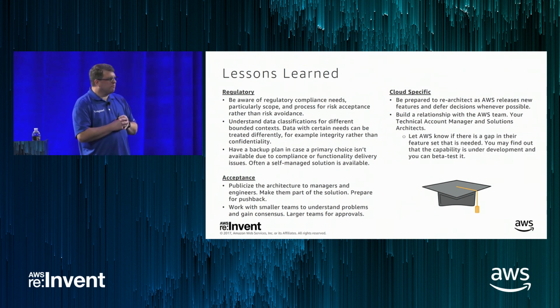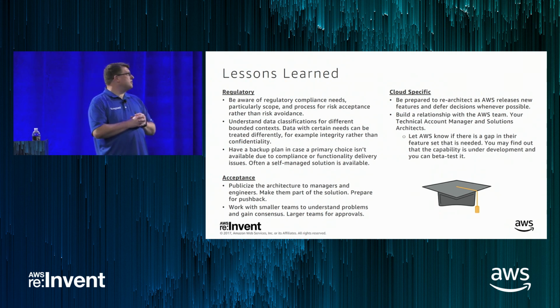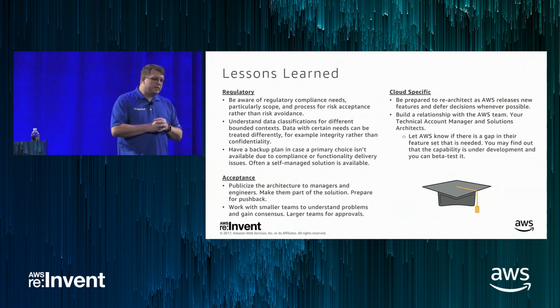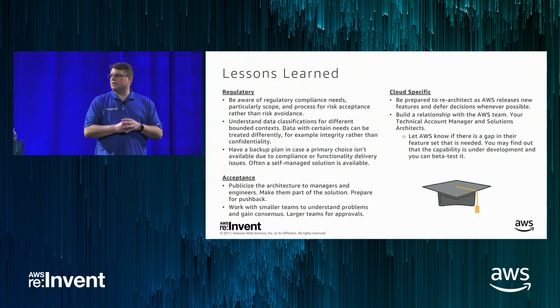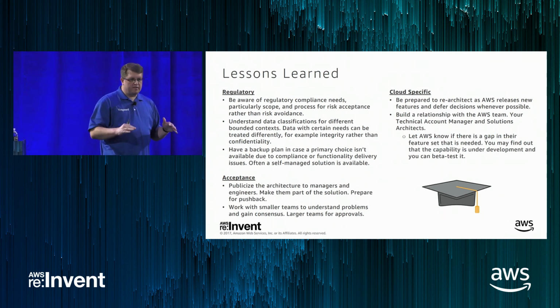Lessons learned basically fall into three separate categories. From a regulatory perspective, when you're working with a large monolithic database, it's very easy to see everything within that database as being sensitive, PII type data.